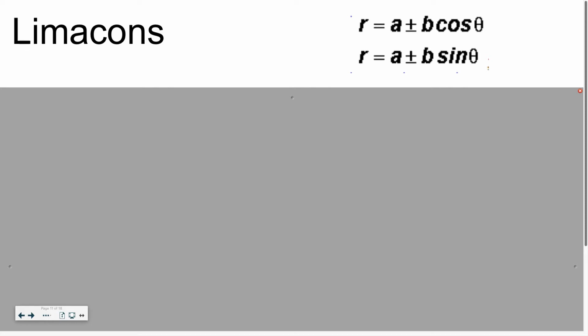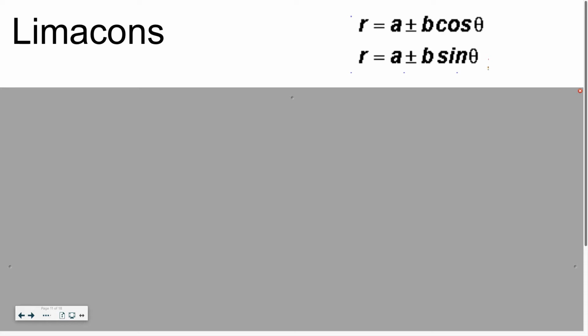There's 4 different types of limaçons, and they could be oriented 4 different ways: majority to the right, majority up, majority to the left, majority down. They appear in all 4 quadrants, but there's going to be a majority of it one way or another.